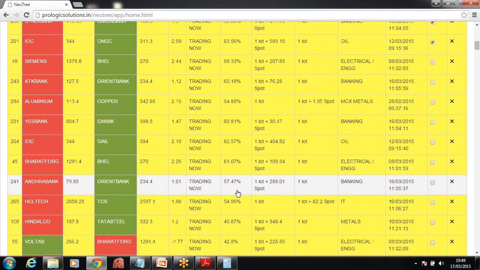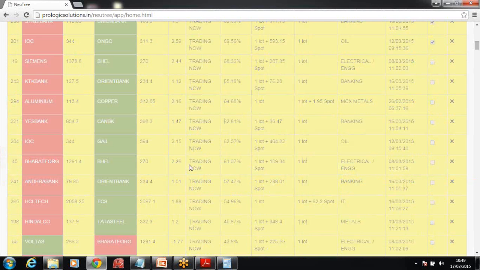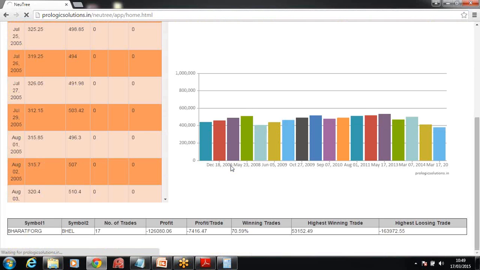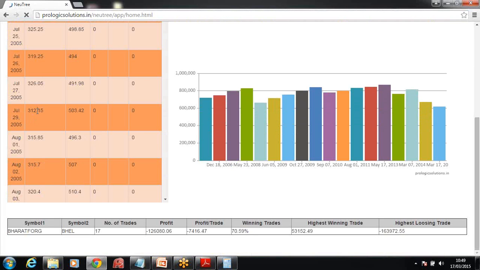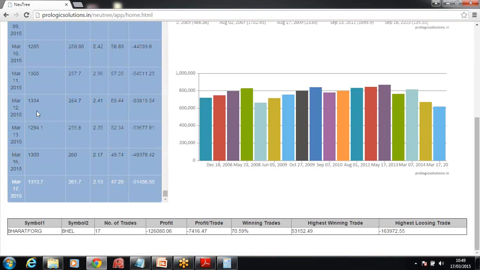Okay, let me take this particular trade, Bharat Forge BHEL. 61% is the correlation. That's a running trade, so you can see the losses here.